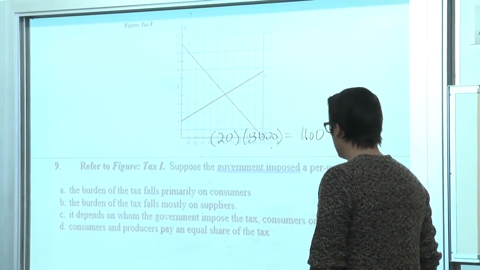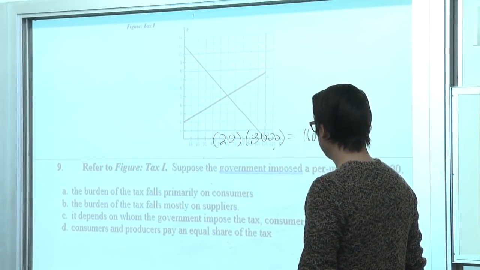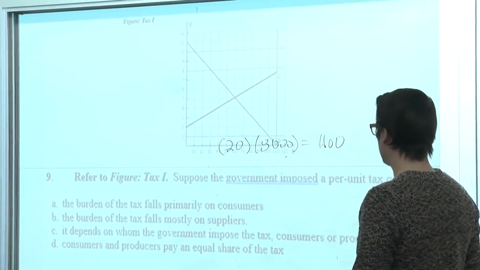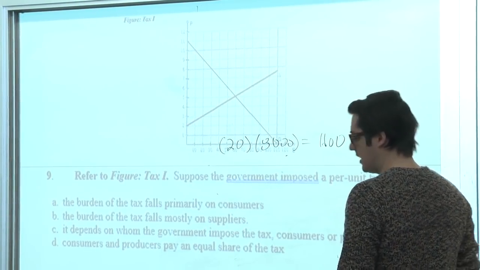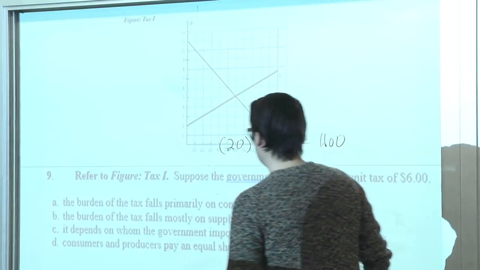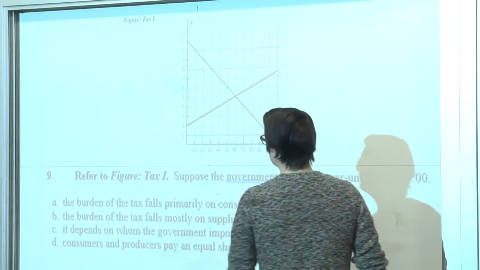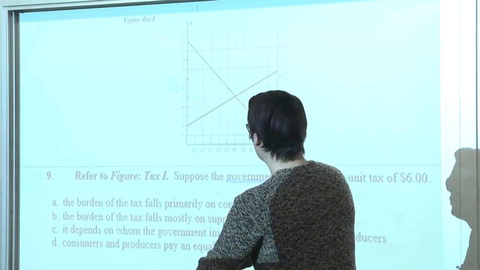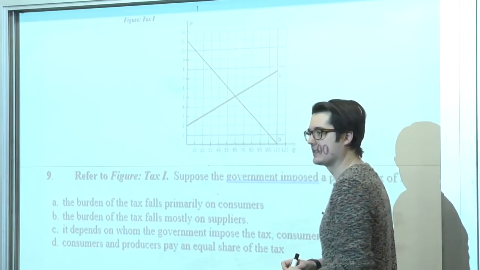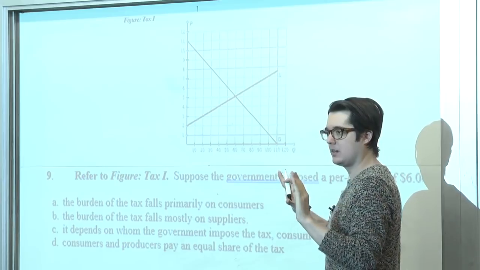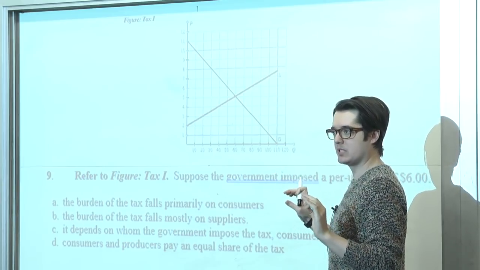Question 9. Refer to figure 1, tax 1. Suppose the government imposed a per unit tax of $6. Which of these is going to be true? All right. So remember, when we have a tax, it doesn't matter who we're going to impose the tax on.